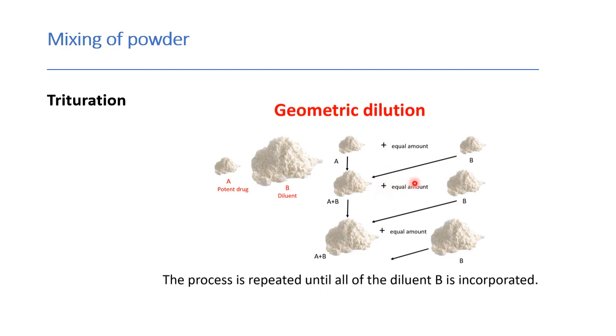Then you add an equal amount of the diluent only to this mixture, so you have AB plus B, and then you add an equal amount of the diluent B to this mixture, and so on until all the diluent is used in the preparation of this mixture.